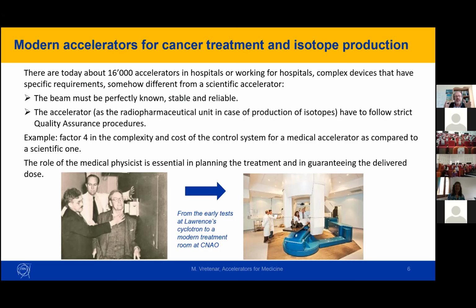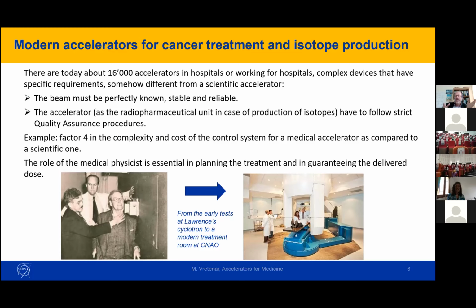It is very serious, and we have to be absolutely sure that the quality of our beam is perfect, so as not to harm the patient in any way. Everything must be very well controlled, and the quality of our beam must be of top quality to be used for medicine, different from what is the case for science.